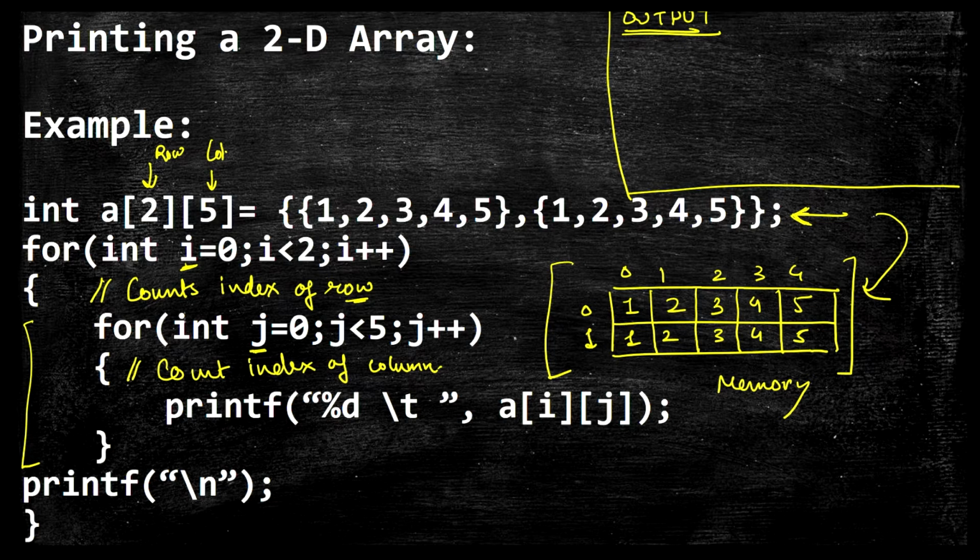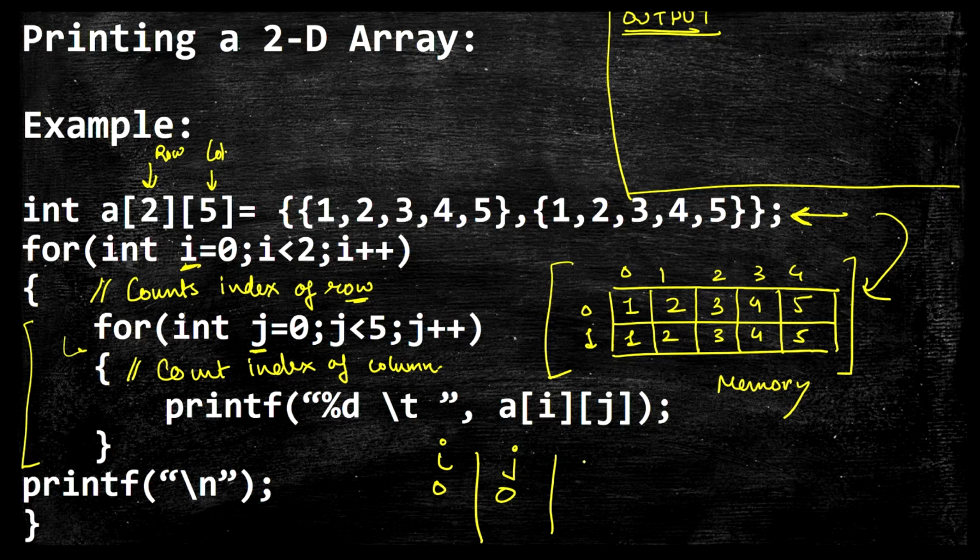Alright, so let's see how this looping is executed. This is i, this is j, and the output will be over here. First i was 0. When i is 0, it enters the loop. Then comes j equal to 0, j less than 5. The initial value of j is 0.